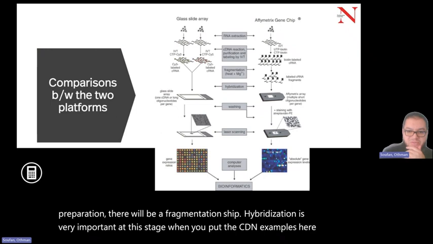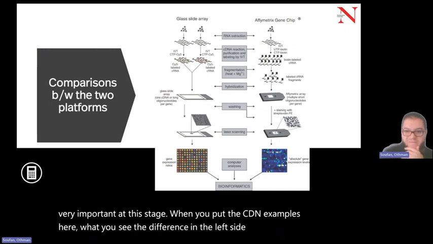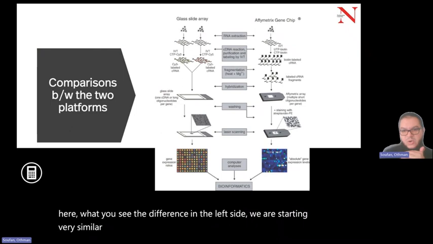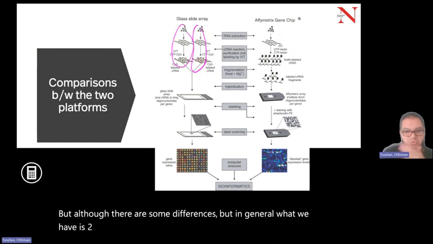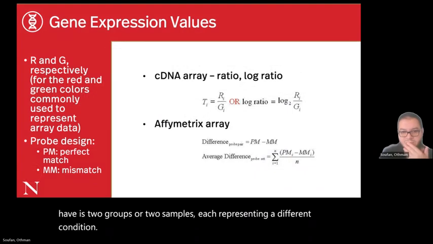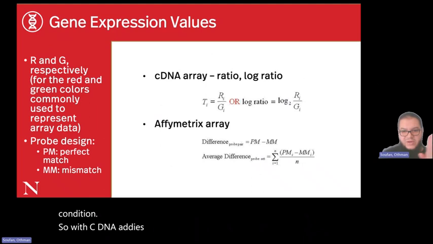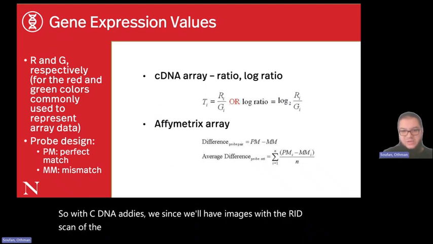Here, what you see as the difference is on the left side, we are starting very similar to here, although there are some differences, but in general, what we have is two groups or two samples, each representing a different condition. So with cDNA arrays, since we'll have images with the red scan of a laser, we'll have R values. Think about RGB values.